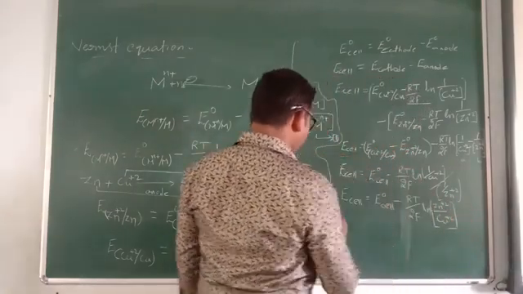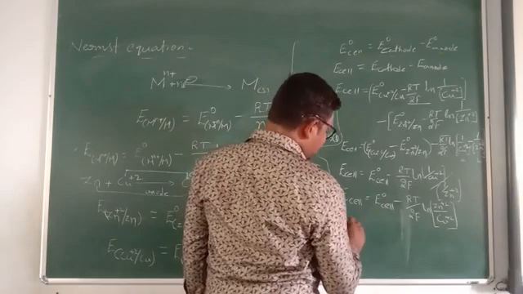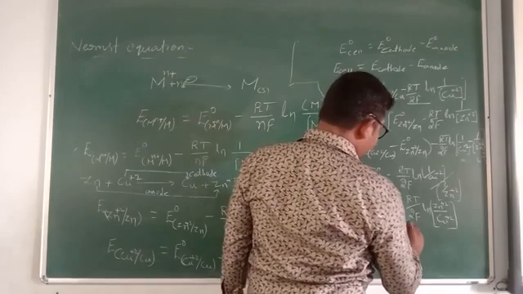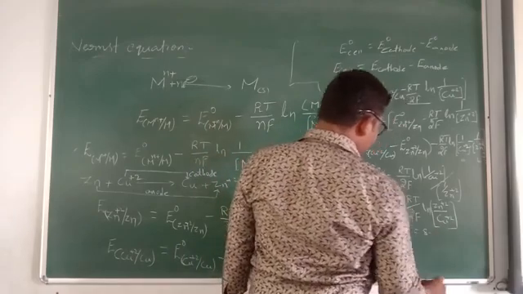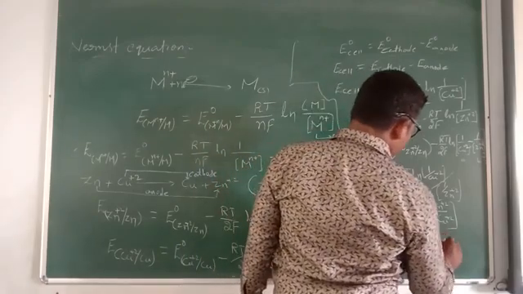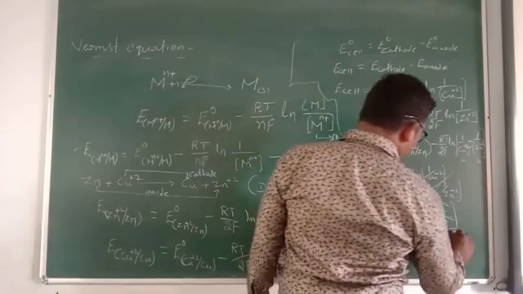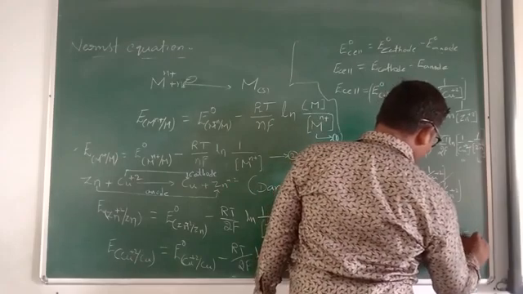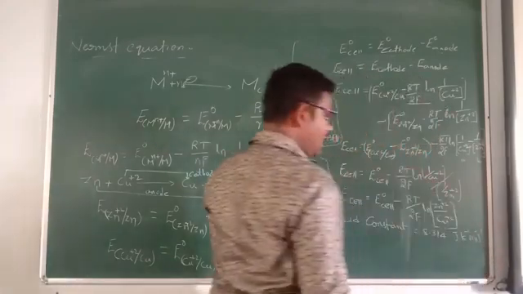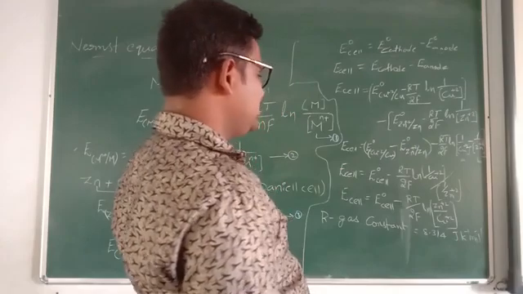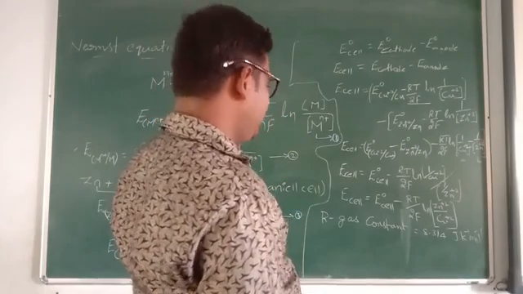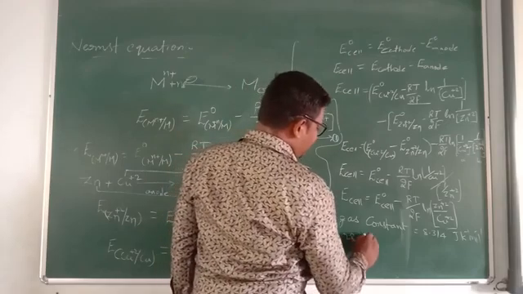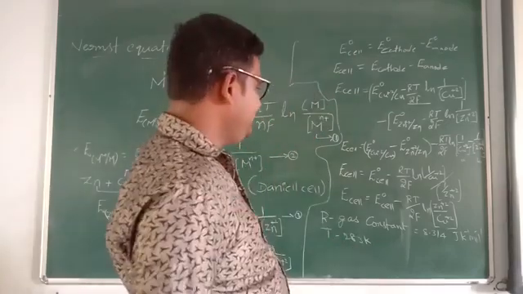Here R is called the gas constant. Its value is 8.314 joule per Kelvin per mole. Suppose the temperature is room temperature, then we can write 283 Kelvin.